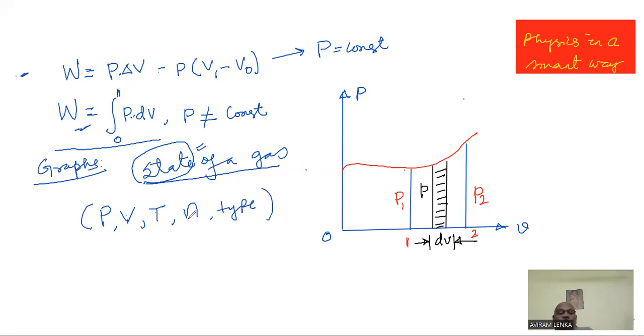And to express it in a symbolic or graphical form, we take the help of graphs.